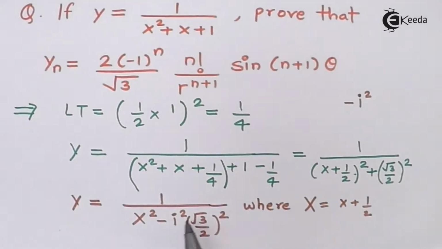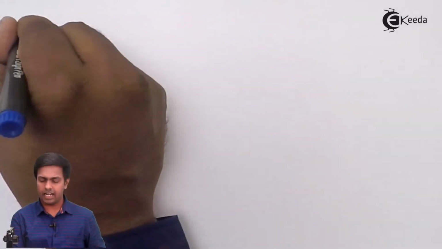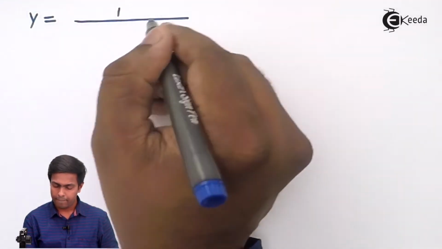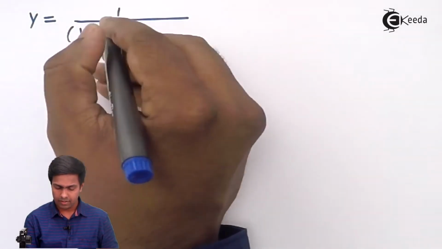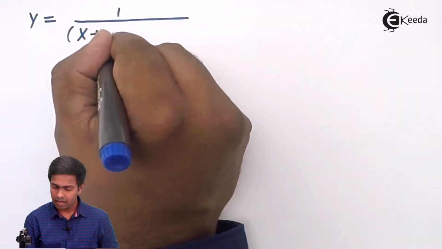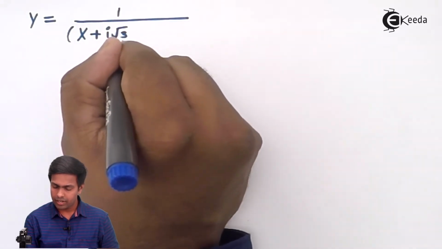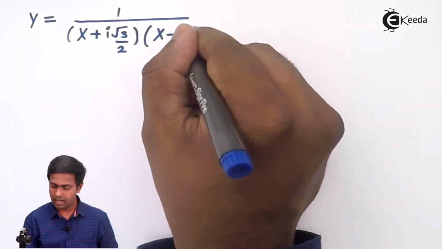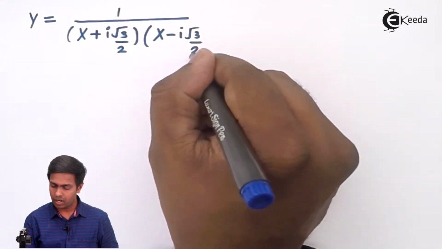But now I have converted this into a form of a square minus b square. So guys, that will be a minus b into a plus b. So here I can say that my y is equal to 1 upon capital X plus i root 3 upon 2 into capital X minus i root 3 upon 2.